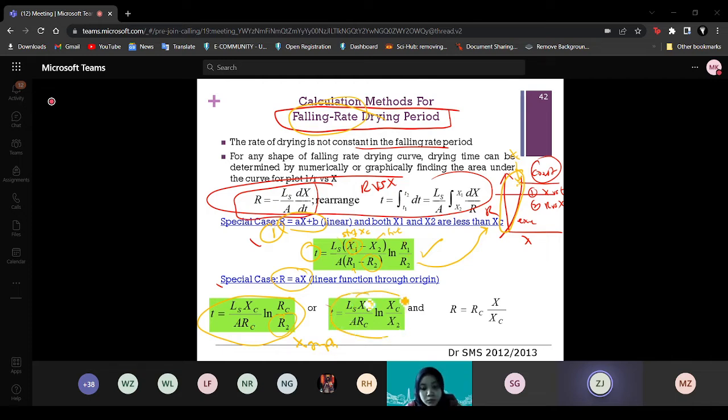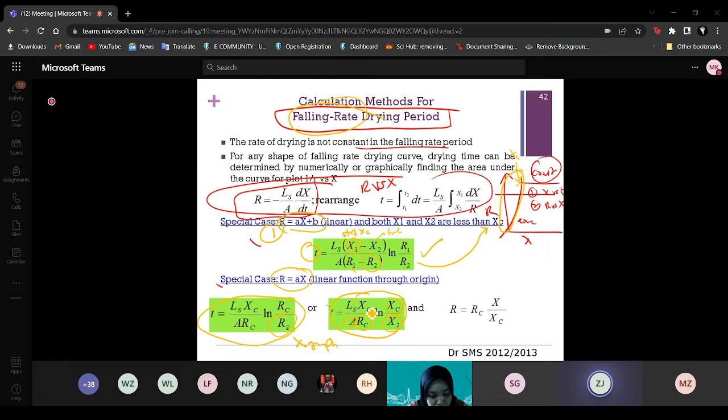When they mention the true origin, you can still use another equation, because this one you just need to know the RC, final, XC, and of course the rest is the area and the dry mass. That is normal for any drying problem: you need to know the dry mass and the area, so that information you already have.